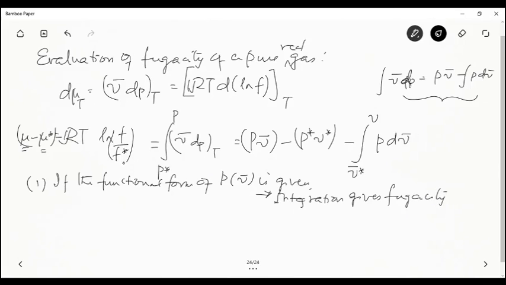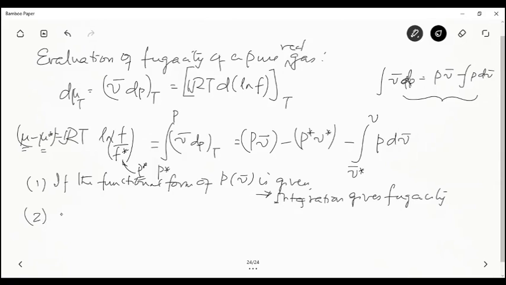And in the ideal gas limit, this f star would actually become P star, and therefore the expression that you get would be RT log f by P star, and since P star is known, you can actually get the value of f. So that is the first method.